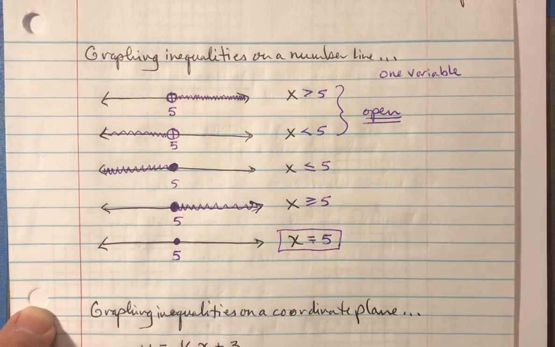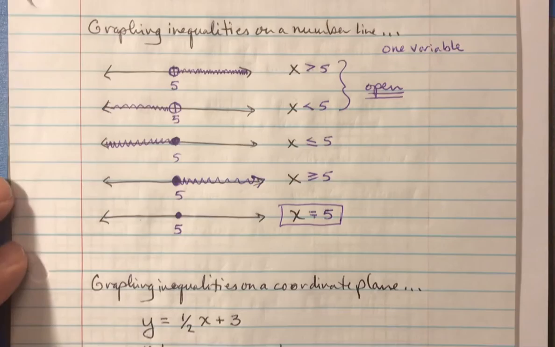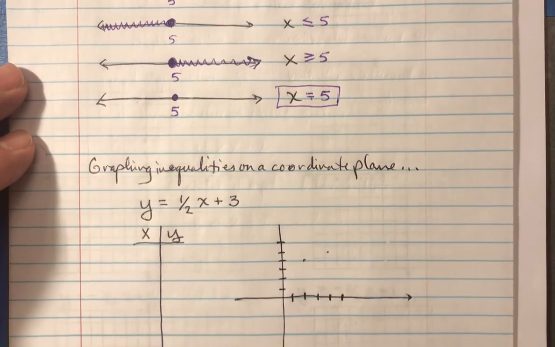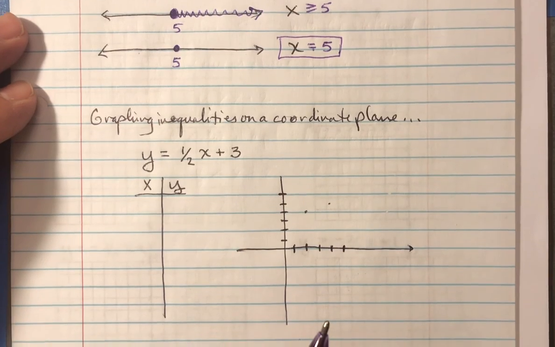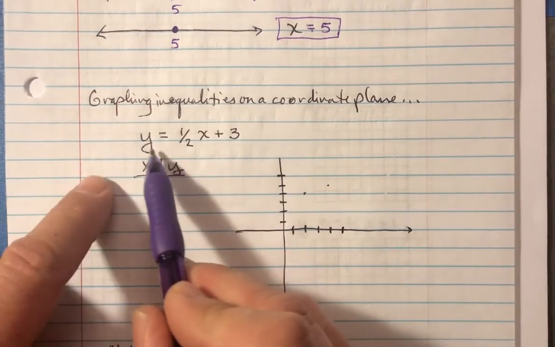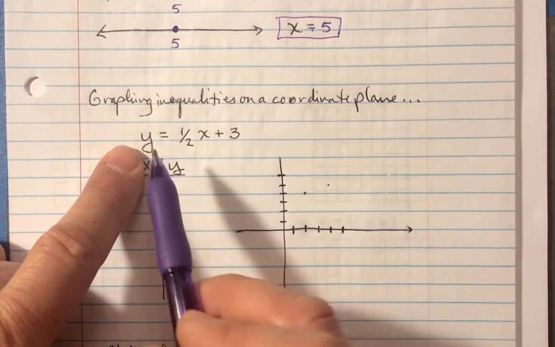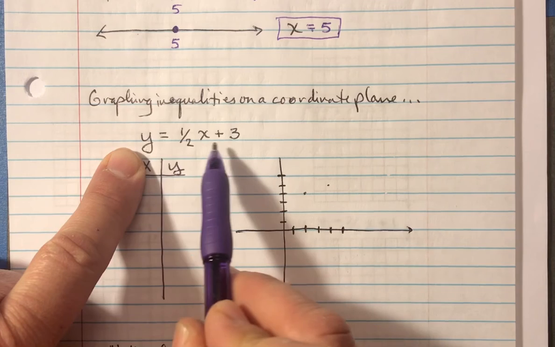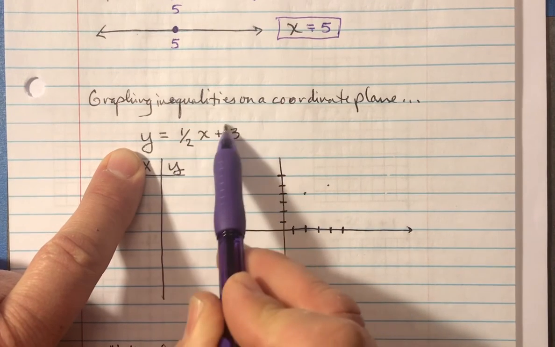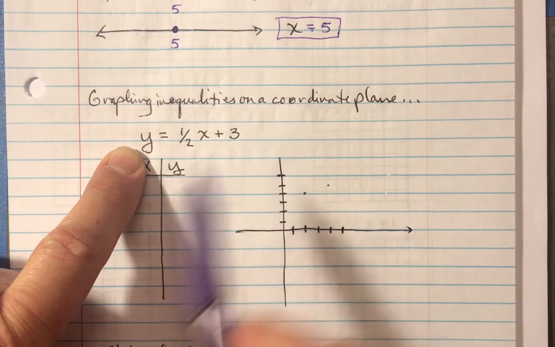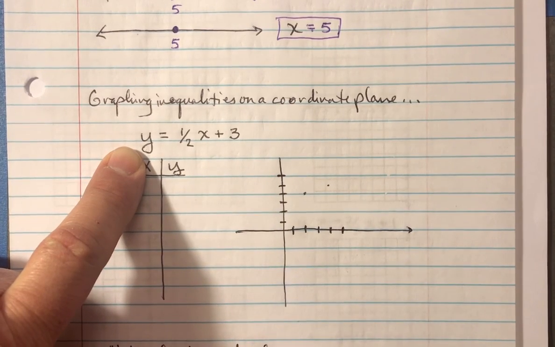I'm going to pick up where we left off right before we left for break. If you remember, we were graphing lines, and we graphed them in 3 different forms. This was slope-intercept form. Here's the slope, here's the intercept. We also did standard form, which was ax plus by equals c.